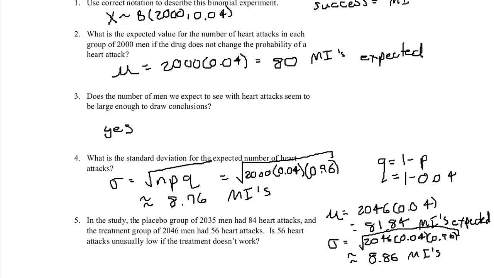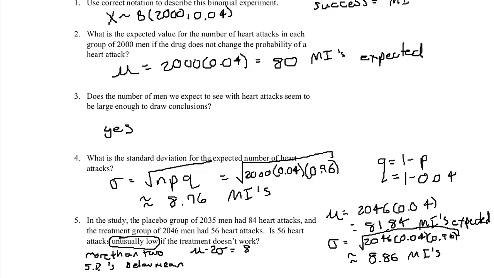Now we want to know if 56 is unusually low. If our treatment does nothing, would 56 be a crazy number of heart attacks to get? Well, remember that a number is unusually low if it is more than 2 standard deviations below the mean. So we take our mean, we subtract 2 standard deviations. That result and lower is unusually low.